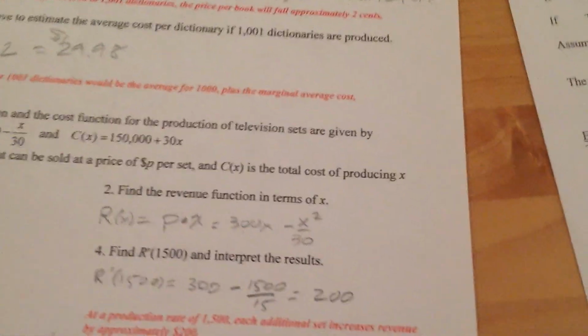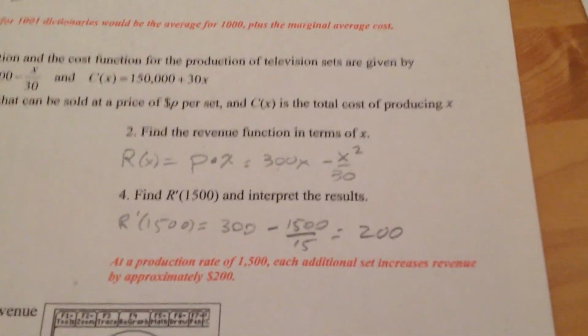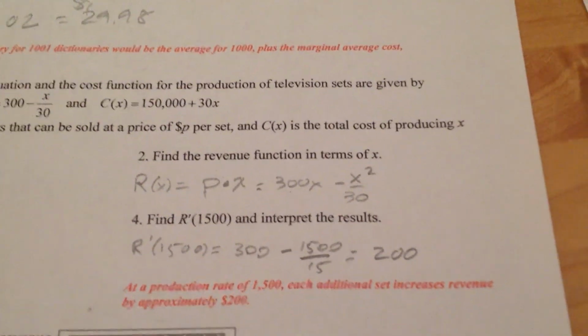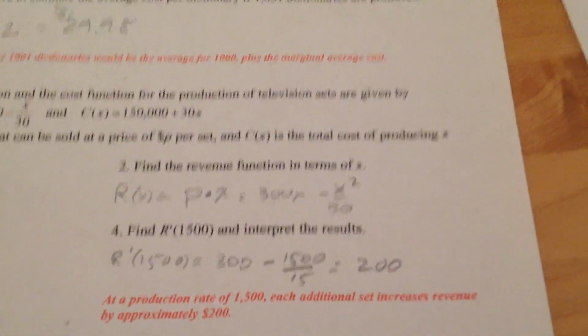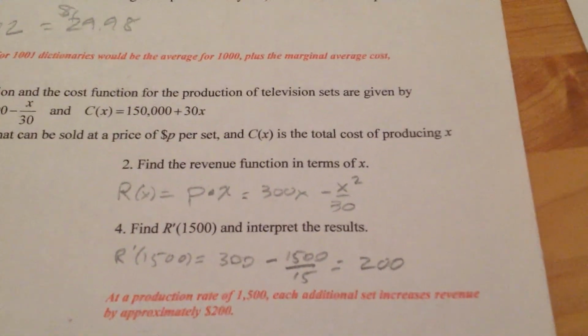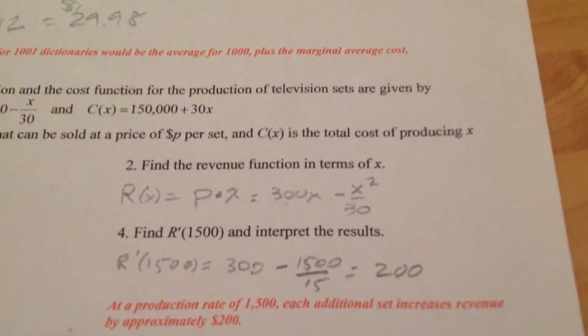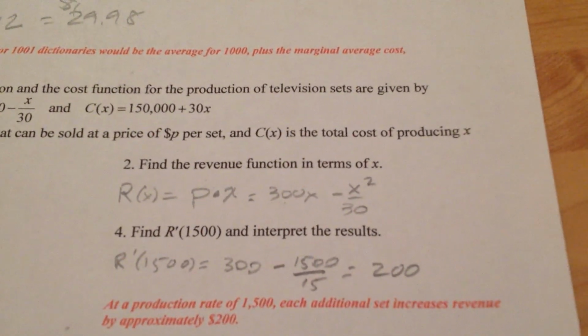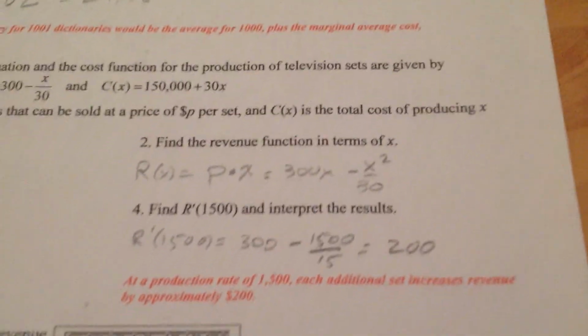In context, that means when I'm making 1500 televisions, each additional television that I make increases my revenue by about 200 bucks. So as I am making 1500, the instantaneous rate of change of my revenue, how much extra revenue I'm making per TV set, is 200. Now if that were negative, that's how much I would be losing.